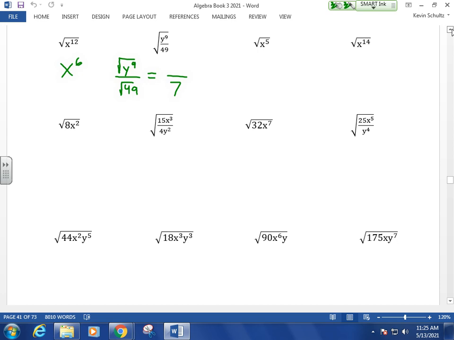And then the root of y to the 9th, again, our process here is we're going to separate that into the root of y to the 8th, to get that even power, because we like to work with that, times the root of y. Since the root of y to the 8th is an even power, we can divide that by 2. We get y to the 4th. The root y tags along. And we get y to the 4th root y over 7.